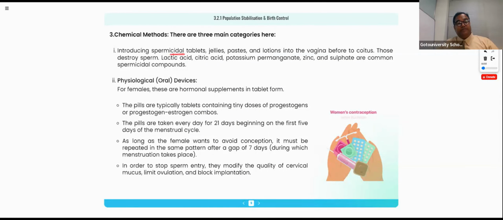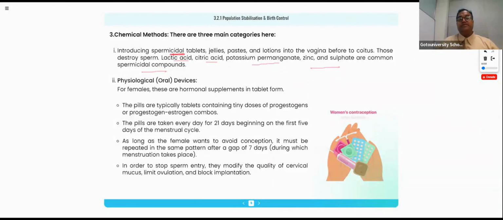Some jellies and pastes are also available containing lactic acid, citric acid and potassium permanganate. All these are spermicidal creams. Sir, in which way? Lactic acid and citric acid are organic acids that change the semen acidity; the semen pH is deviated.